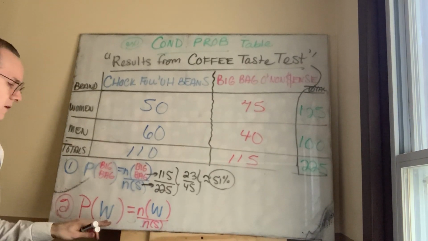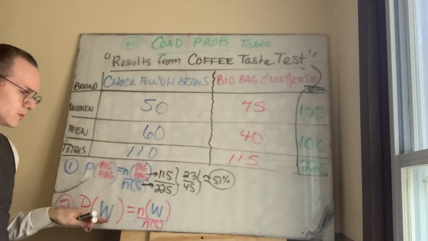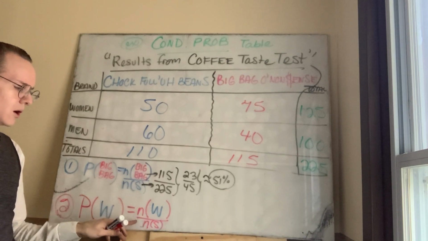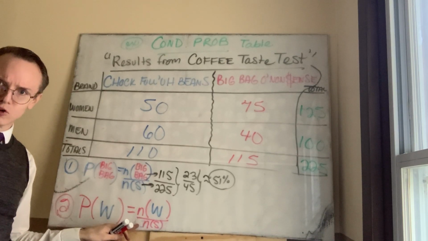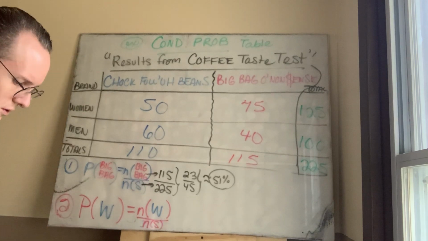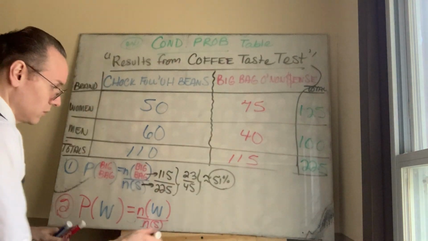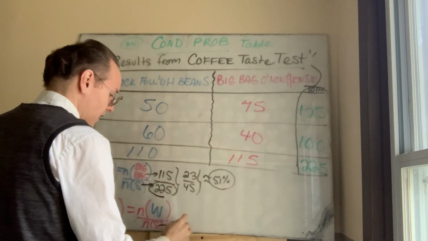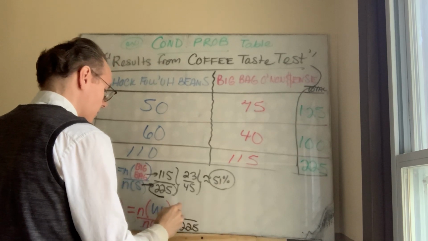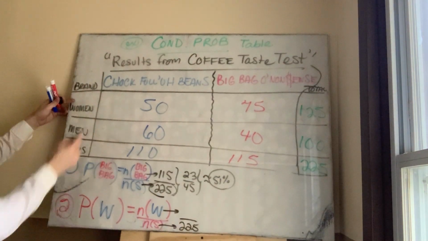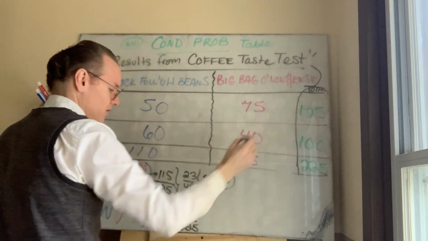The probability that the randomly selected person is a woman is equal to the number of women over the number of people total in the sample space. So the number of people total is not going to change, it's still 225. Versus the number of women total, you'd have to read this way, is 125.